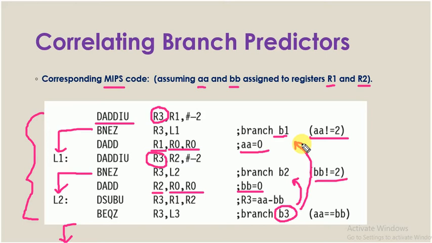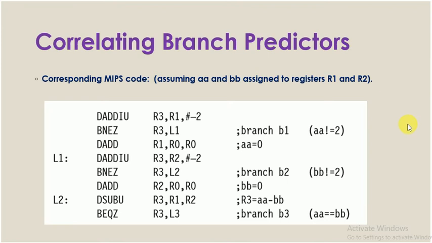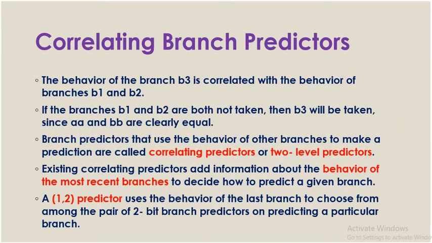Once again, in order to predict the behavior of a particular branch, it will also look at the behavior of some other branches which were executed before the current branch operation. So we'll give some more explanation on this. The behavior of branch B3 is correlated with the behavior of branches B1 and B2. That's what I was trying to say.